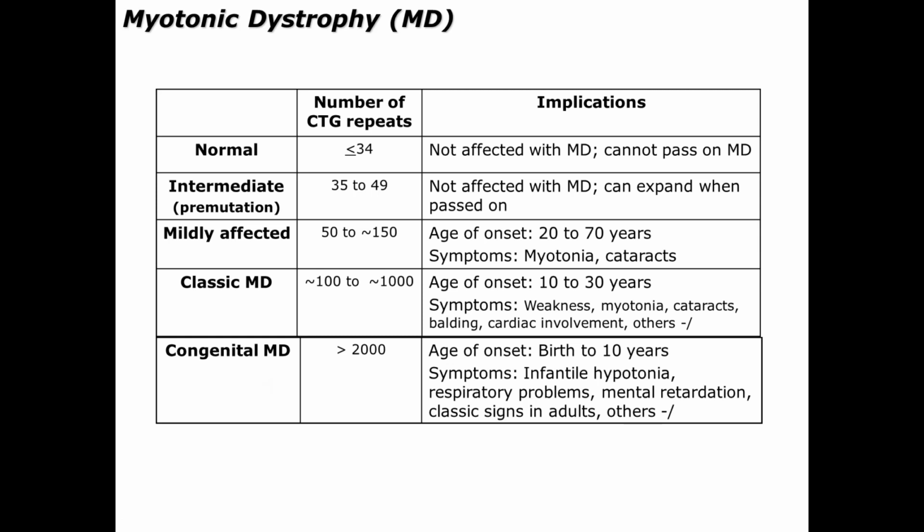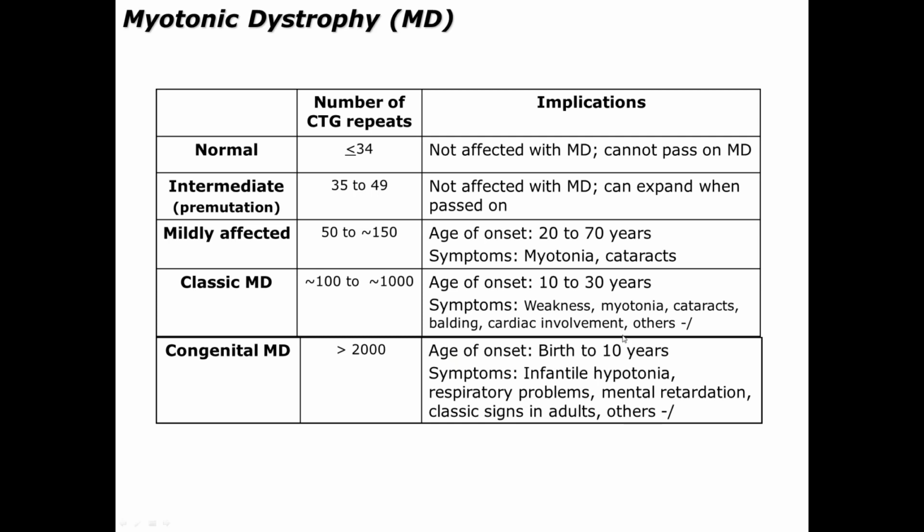So if somebody has the lowest number that they could have and still be called a positive test result, still have a diagnosis of myotonic dystrophy, 50, we might expect symptoms to happen a little bit later in life as compared to somebody who shows over 1,000 repeats. So somebody with the larger number of repeats has symptoms earlier in life.